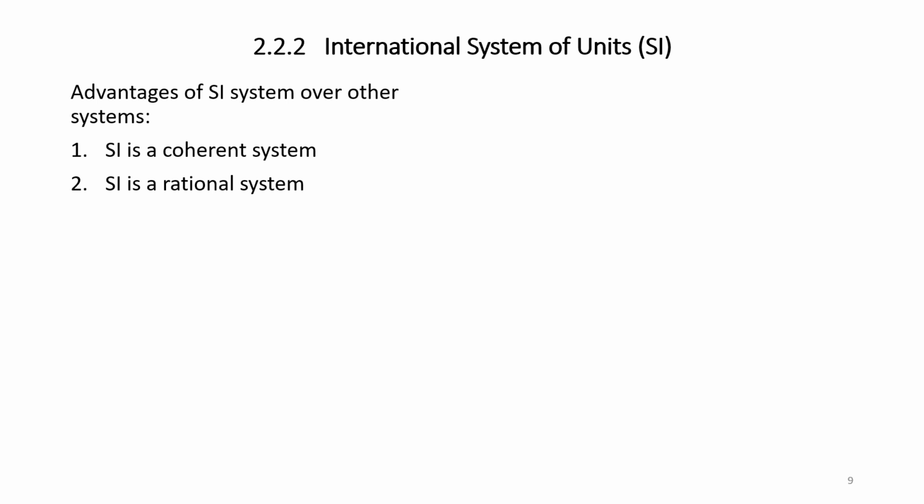Rational means based on clear thought and reason. So SI is based on clear thought and reason. SI is an absolute system. Absolute means total and complete, perfect, free from imperfections. SI is a metric system. As you all know, it is a metric system.